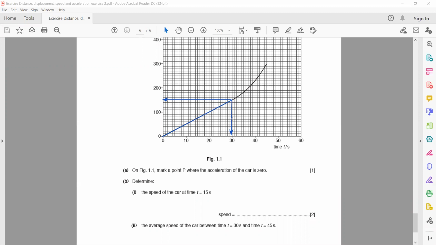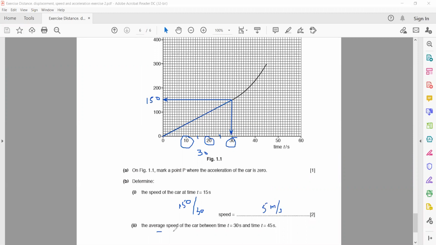As it is a straight line, the speed of this region is the same as the speed at 10 seconds, 15, 20, 25 or 30 seconds. So this is 150 and then 30. So 150 divided by 30, I will get 5 meters per second.